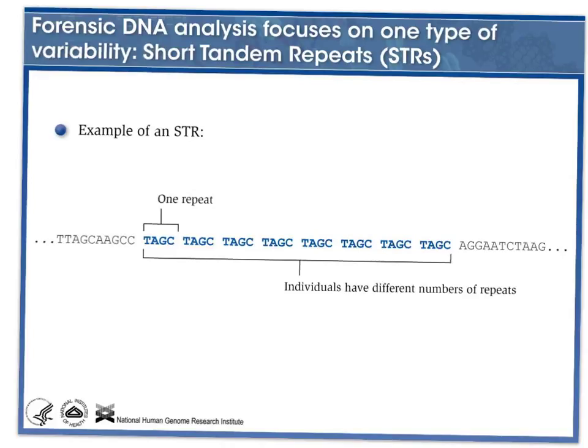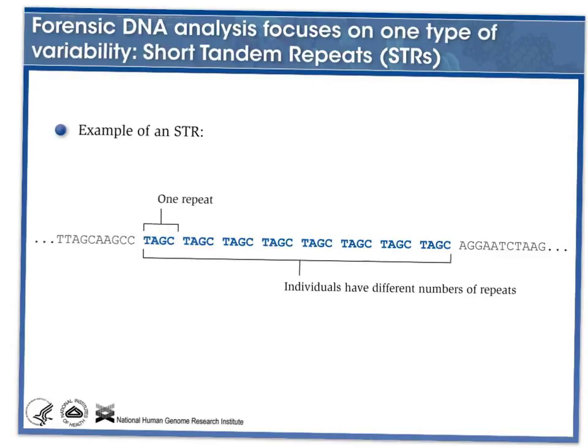You'd only be able to differentiate between groups of people who had 4 repeats and those who had 5. But if you take a bunch of these variable regions, let's say 20, the chances that they'd all have the same number of repeated nucleotides in each of those places becomes vanishingly small. So there's 8 here.